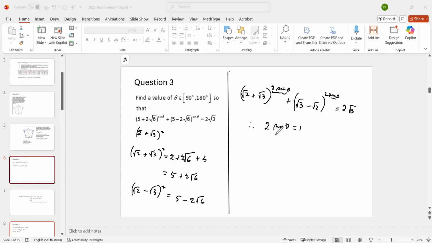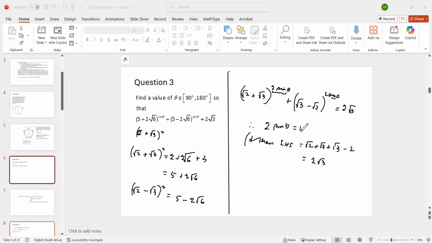So why do I say this? Because the left-hand side equals root 2 plus root 3 plus root 3 minus root 2. Because if this is equal to 1, and that is 2 root 3.